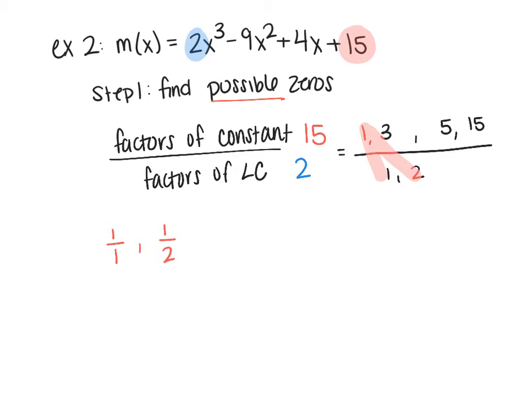And then I have 3 over 1, 3 over 2. And then the next one's 5 over 1, 5 over 2. And then the last one's 15 over 1, 15 over 2.